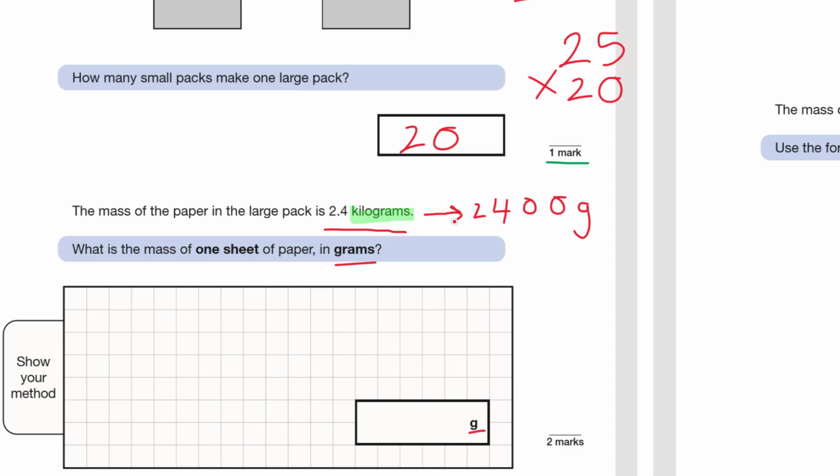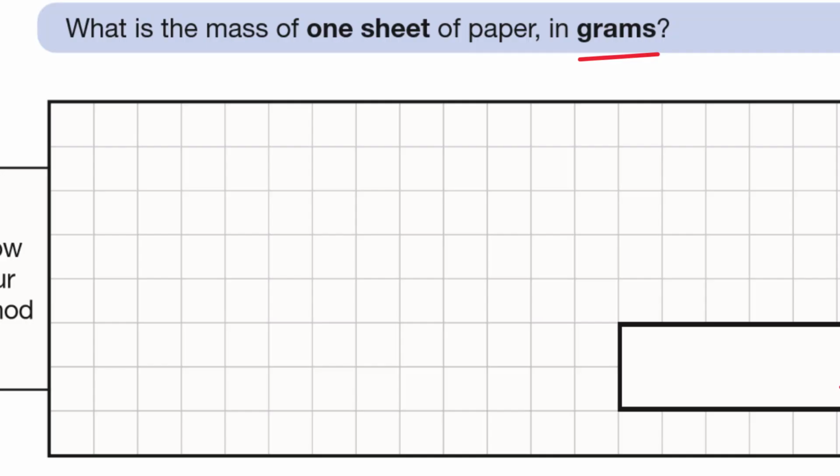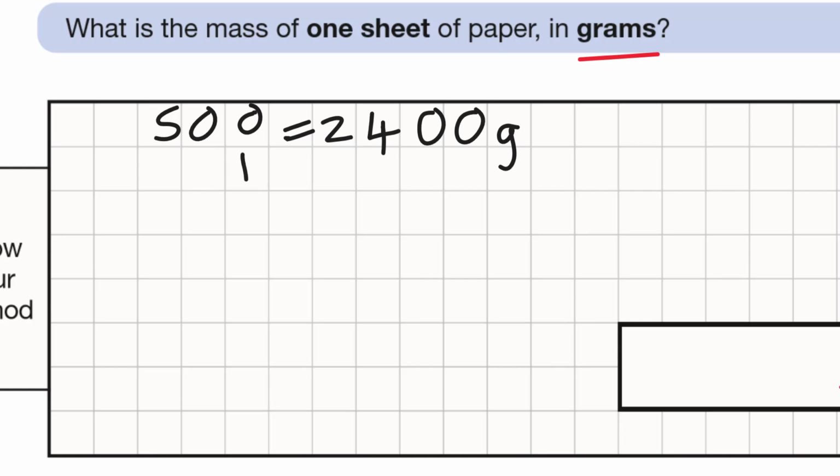So what I would now write, I'm going to zoom in, is that 500 sheets of paper equals 2,400 grams. So if we know that 500 sheets of paper are 2,400 grams, it's asking us what one sheet of paper is.